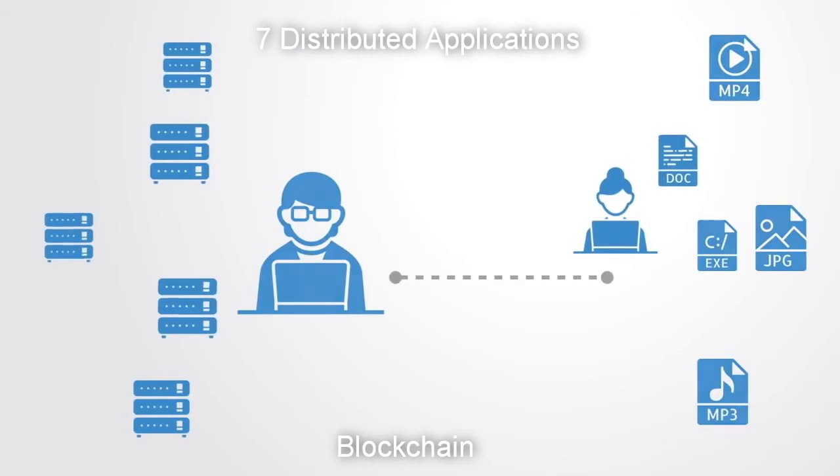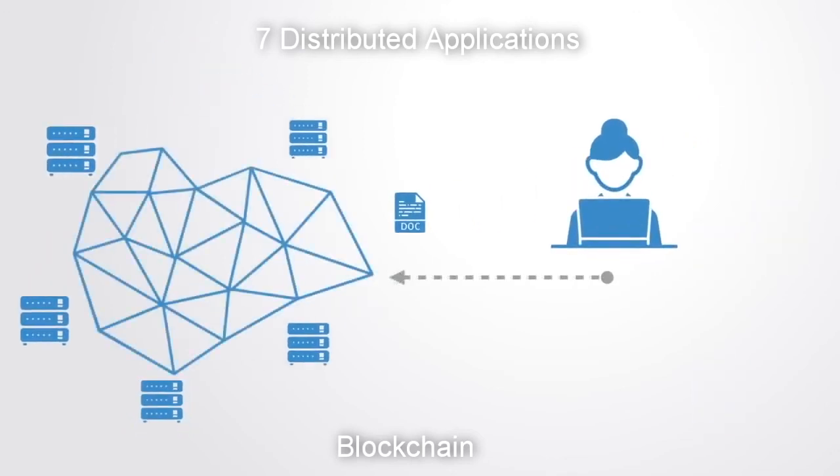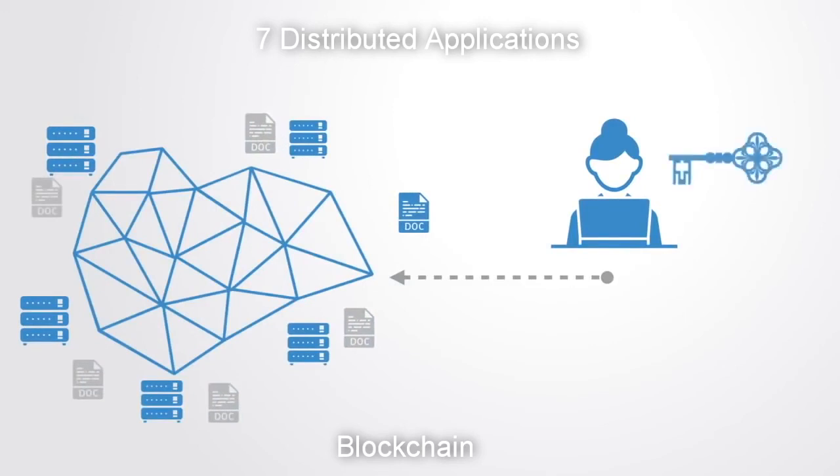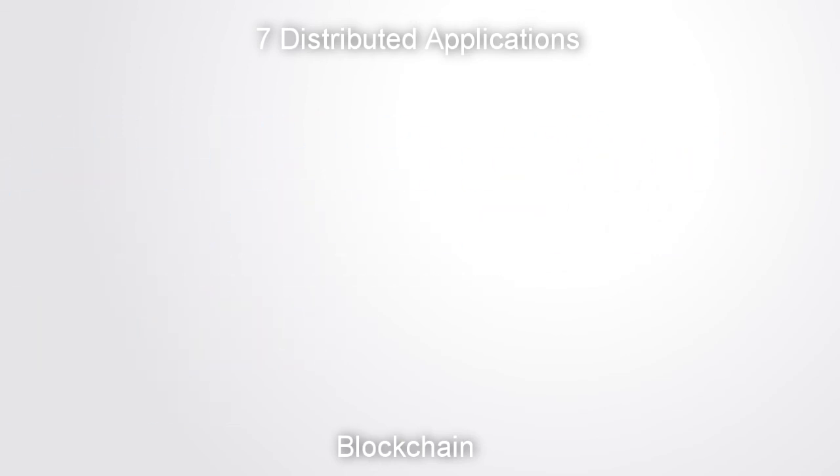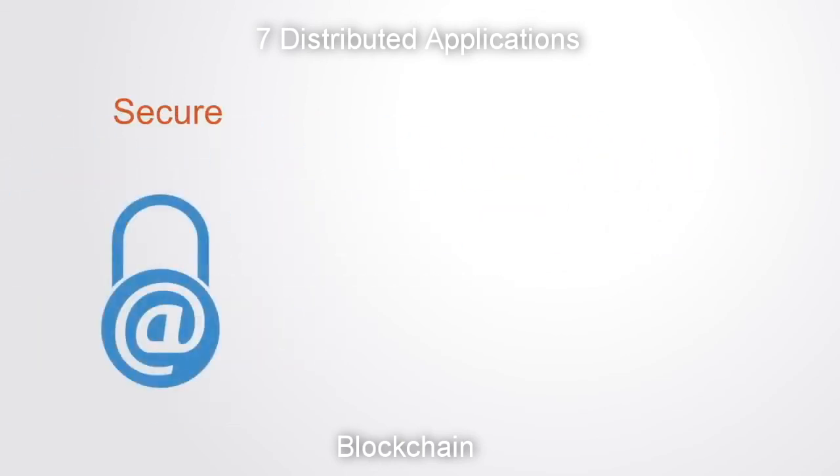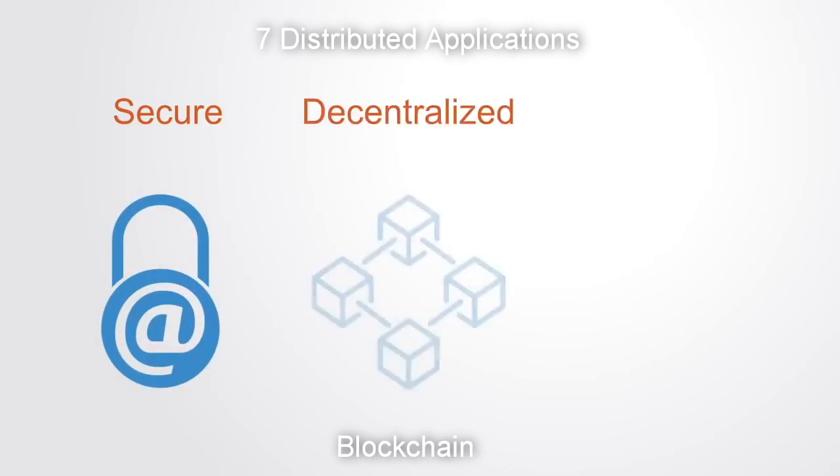Each file saved on the application is shredded, encrypted, and spread across the network until you're ready to use it again. The keys to the database remain with the owners, meaning the data is not accessible by a centralized cloud provider. There are many other examples of dApps, but the general concept can be applied to any area that requires secure records and benefits from decentralization.